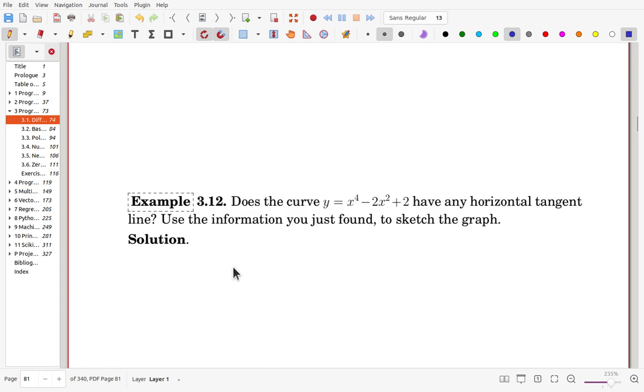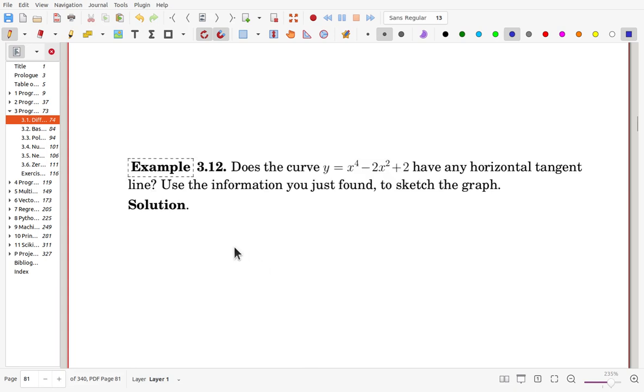Okay. Now, does the curve y equals x to the 4 minus 2x squared plus 2 have any horizontal tangent line? Use the information you just found to sketch the graph. Okay. Here, horizontal tangent line means that at the point, the slope must be 0, right?